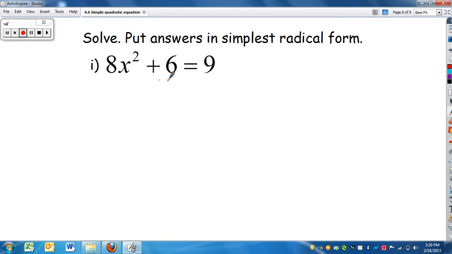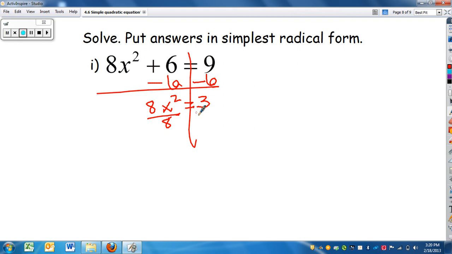It's going to be very similar to the one we just did. So I'm going to minus 6. So 8x squared equals 3. Divide by 8. So I get x squared equals 3/8. Again, this fraction does not simplify or divide out nicely. So I'm going to square root.